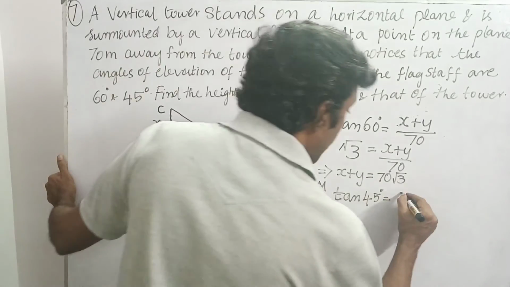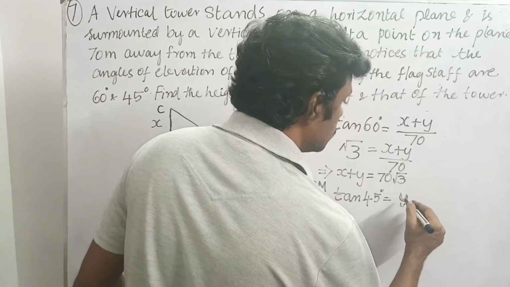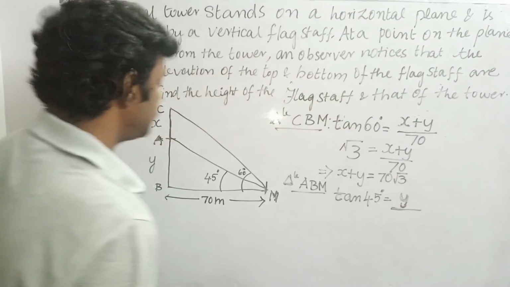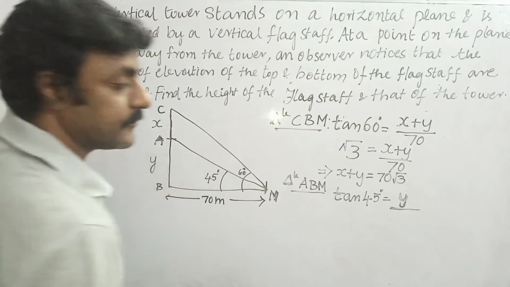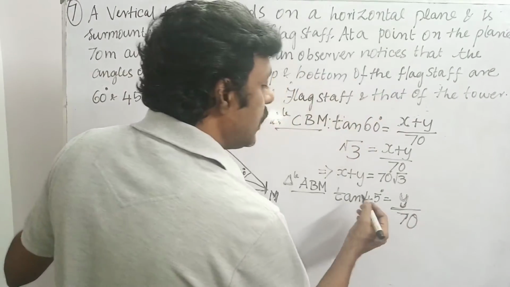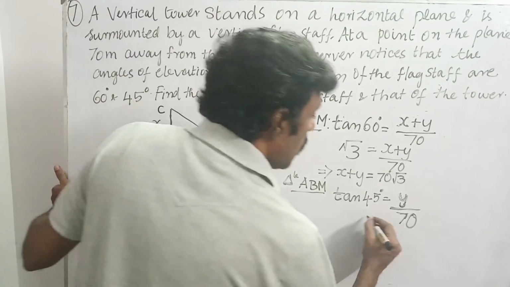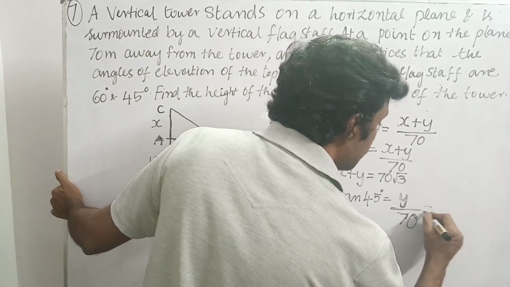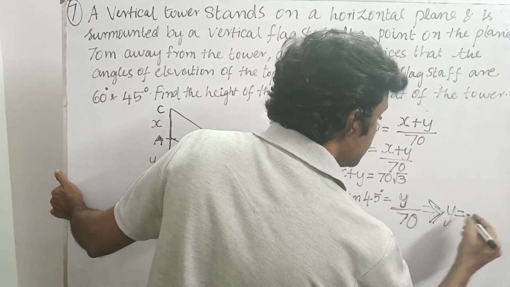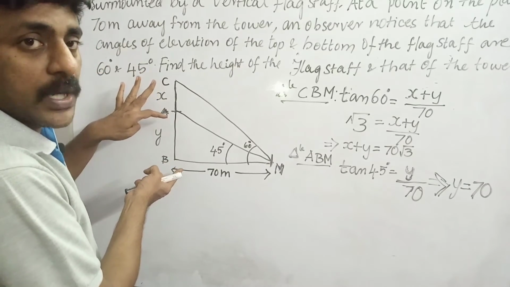So that will be y divided by 70. We know that tan 45 degree is equal to 1, which implies y equal to 70. So this value we have obtained, y is equal to 70.